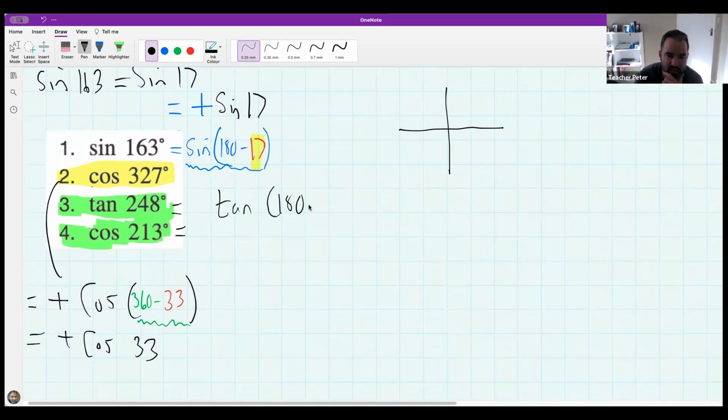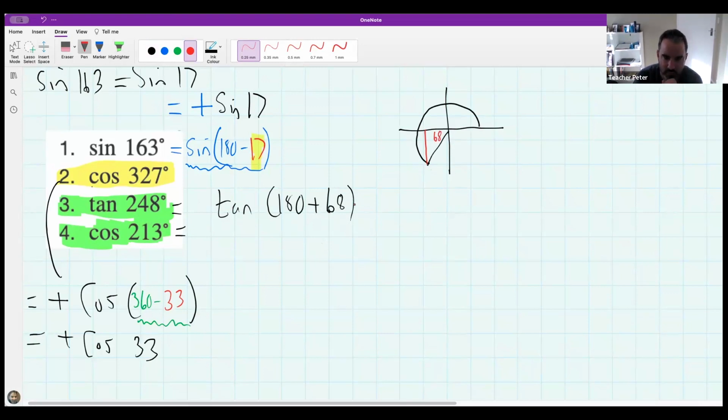After a while, these start to get a little bit easier because they start to feel more predictable. I'm pretty confident this should be 68, because it goes 180 plus whatever I need to do to get to here. So unless I'm making a silly mistake, this angle here should be 68.